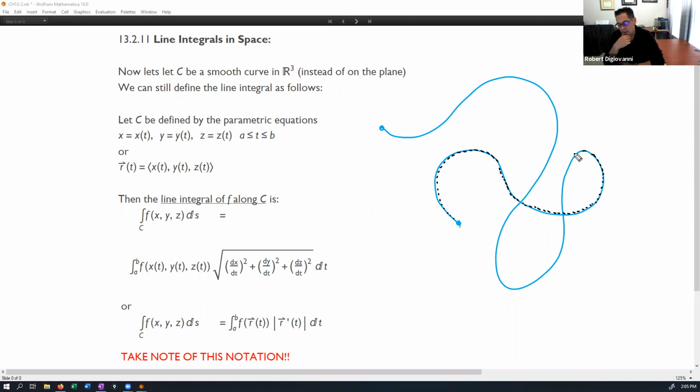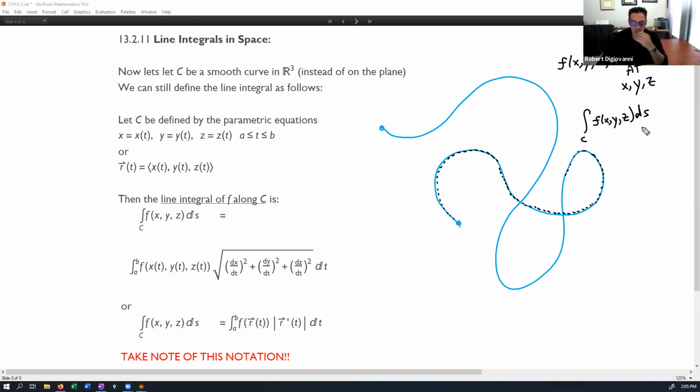Temperature doesn't make a lot of sense here, but we could just use it as an idea, because if you're moving through space, at each point there should be some temperature corresponding to where you are. So your function of x, y, and z is giving you your temperature at each point, and then the line integral along C of this with respect to arc length should give you the total of all the temperatures added up together. Although that doesn't have a lot of meaning. What's the sum of the temperatures along your path?